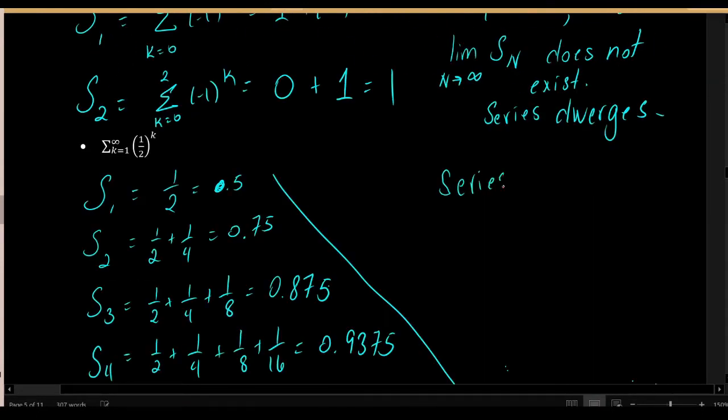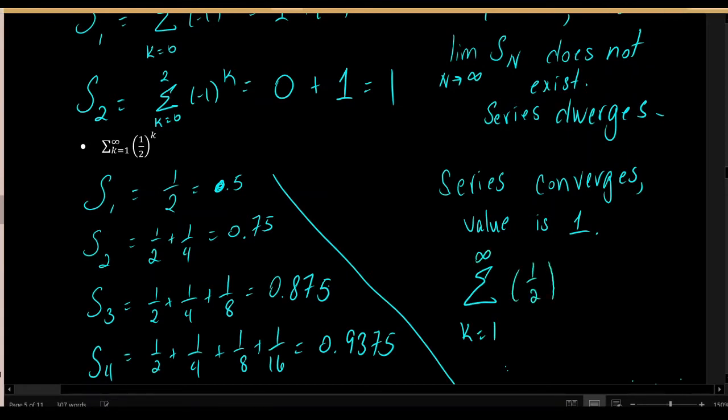Series converges, and the value of the series is 1. And we could also write that if you sum as k goes from 1 all the way to infinity, 1/2 to the power k, the result of that will be the number 1.